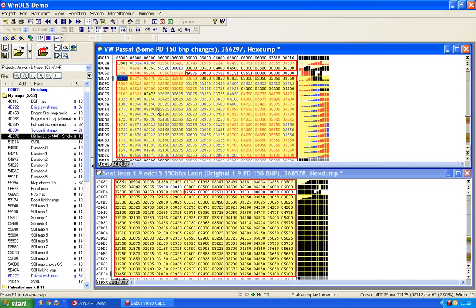Right, now what we've got is some slight increases here, which are probably not that relevant because they're only really occurring at low values of injection quantity, low values of airflow and low revs per minute, so they're probably not that important. Then we've got some reduced values in the middle here, which may well not be reduced.